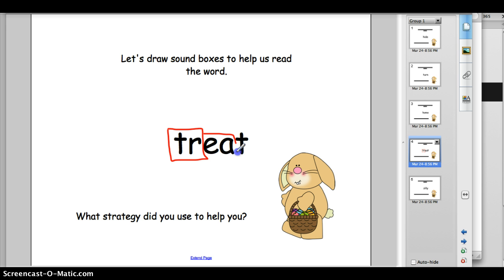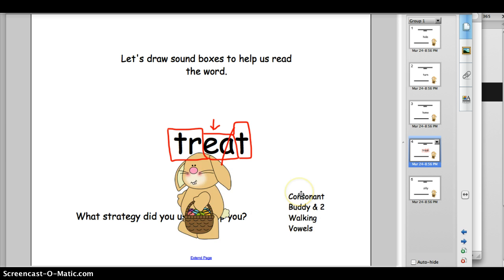And when two vowels go walking, the first one does the talking and says its own name, which is E. So we're not going to hear the A. So really we could not even do a sound box around A, but I like to so that you can see that E and A together make E. So the E will make the E sound. So when we sound this word out, it is eat, treat, and we used a consonant buddy and two walking vowels.